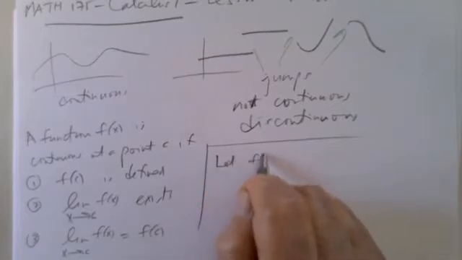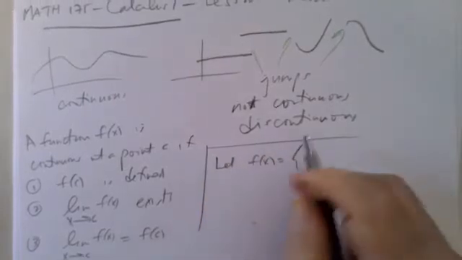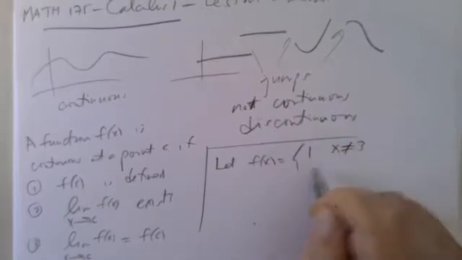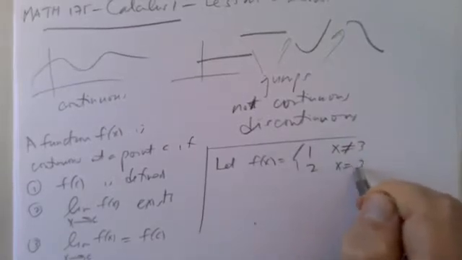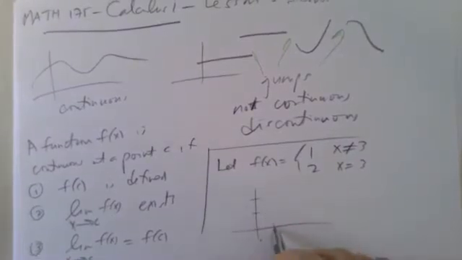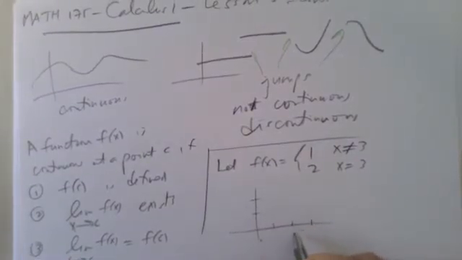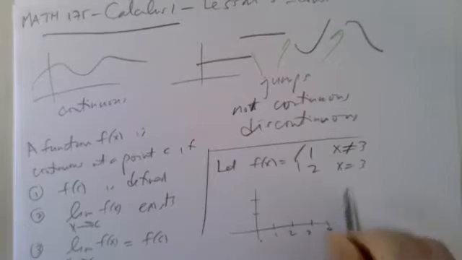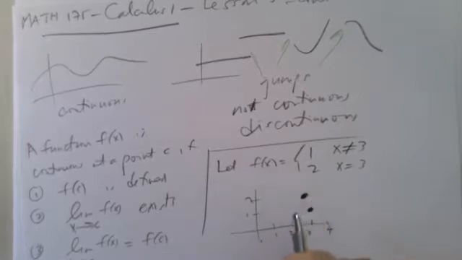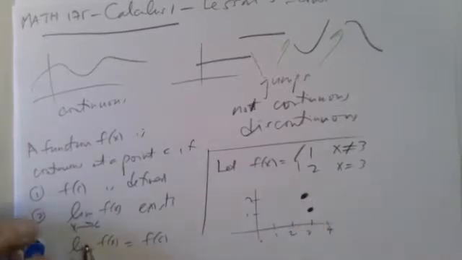So an example of a function that's not continuous at a point. Suppose we let f of x be defined as follows: it's equal to 1 when x is not equal to 3, and it's equal to 2 when x does equal 3. So the graph of the function looks like this.